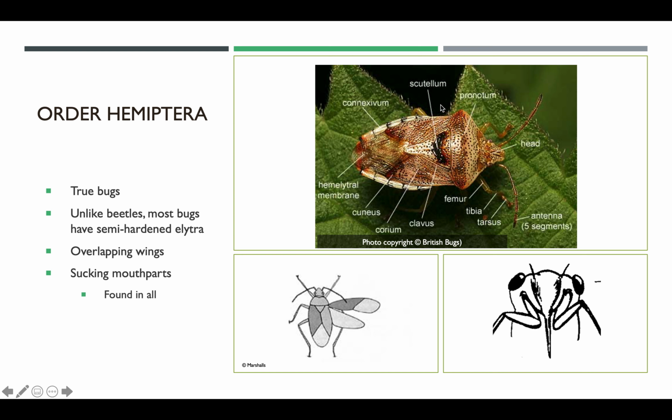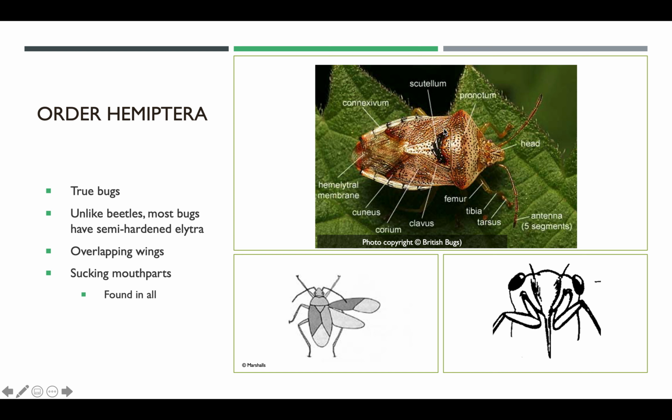And their wings as well. You'll notice that the forewing here isn't fully hardened. You can kind of see some membrane towards the back of this bug's body. And in fact, some bugs also have fully membranous wings. And these wings also overlap over one another. So you see this big triangular piece on the thorax.